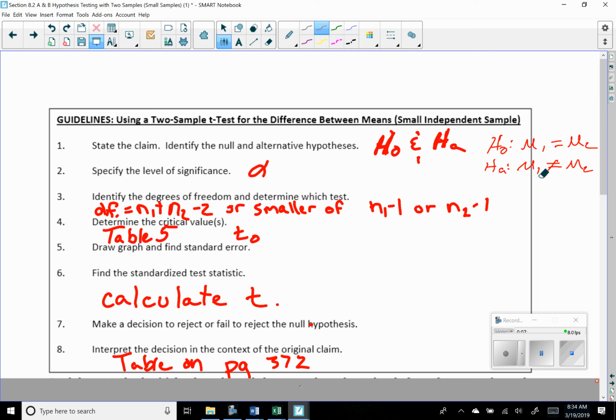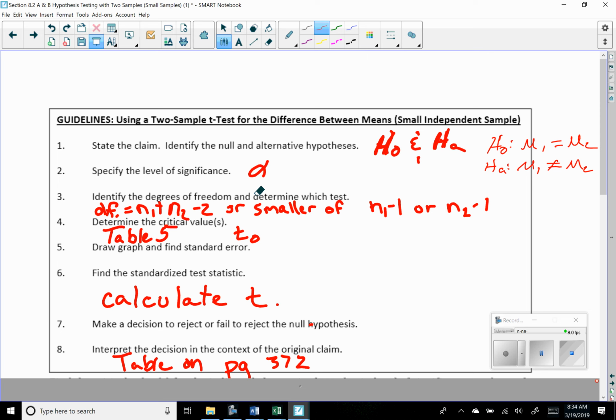Okay. Step 2, specify your level of significance, alpha. Step 3, identify the degrees of freedom and determine which test. So the question is, are variances equal or are they not? And then you have to identify the degrees of freedom.